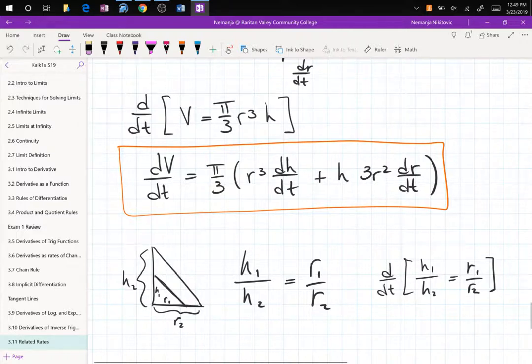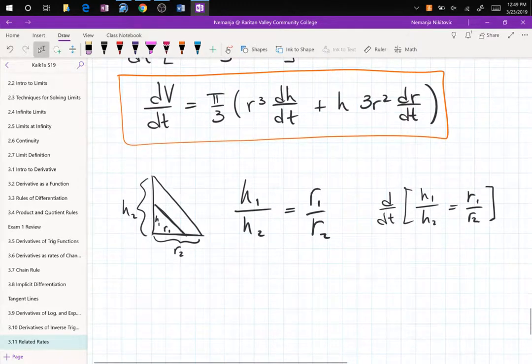So I just want to work out the full problem for this with numbers, because usually I think your labs have it and homework will have it.